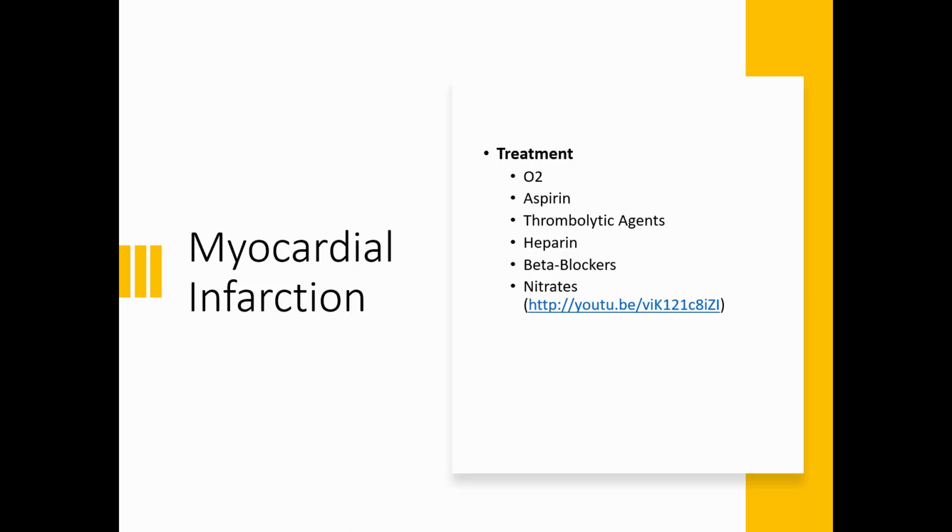So if someone comes in and they are having an acute coronary syndrome, we like to use thrombolytic agents. You're probably most familiar with things they're called Retivase is one that you might be familiar with. TPA. So remember TPA stands for tissue plasminogen activator.